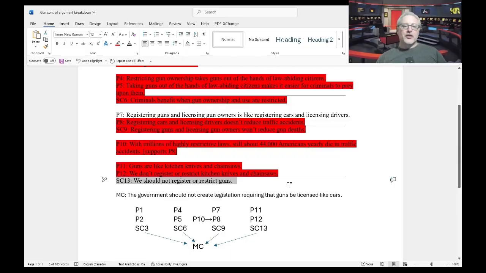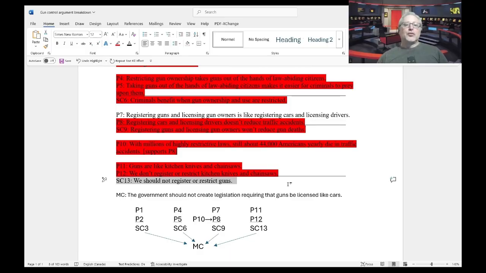Guns are like kitchen knives and chainsaws. We don't register or restrict kitchen knives and chainsaws. Therefore, we should not register or restrict guns. Okay, so let's say that we didn't find a problem with that. Would that by itself be enough to persuade us of the main conclusion, or should it be enough to persuade us?